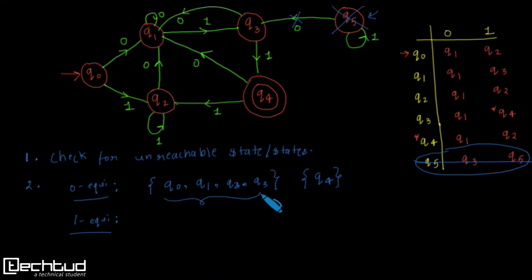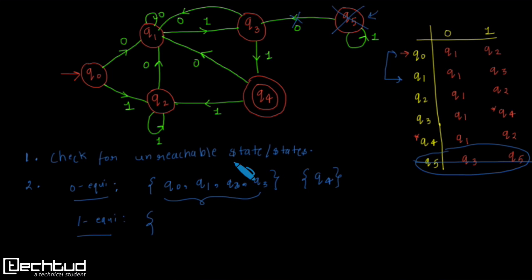We will take all these 4 states and we will check whether these states are one equivalent or not. So let's start checking one by one. First of all, check Q0 and Q1. On input symbol 0, Q0 is going to Q1, which is in this set.